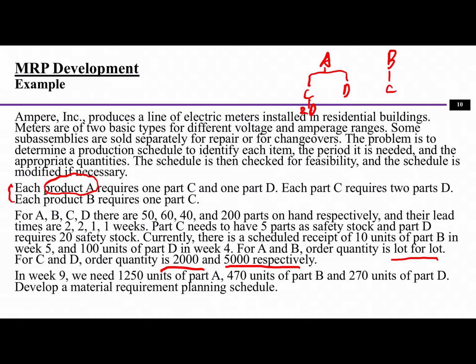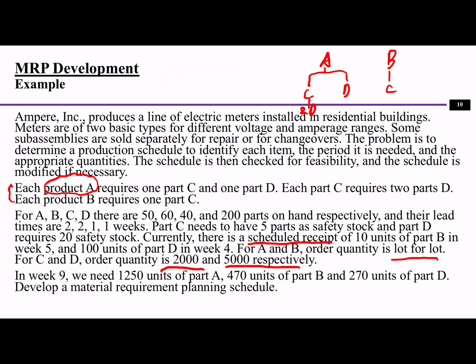Another term is scheduled receipt. Scheduled receipt means it's something you have ordered or made in the past that will be arriving at a scheduled time, right? Here it says there's a scheduled receipt of 10 units of B in week 5.